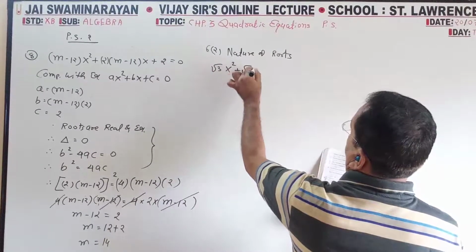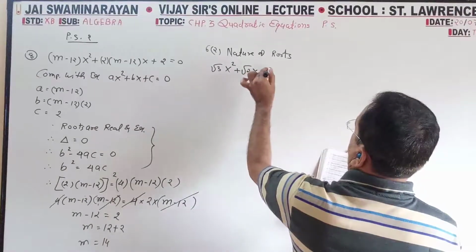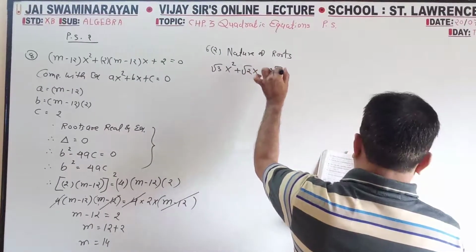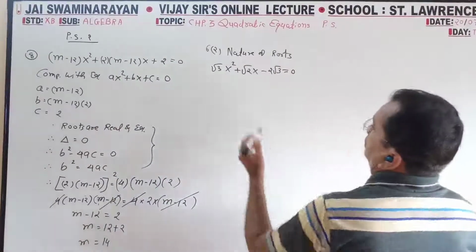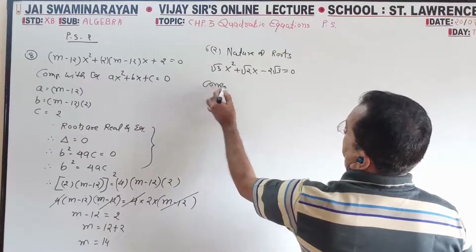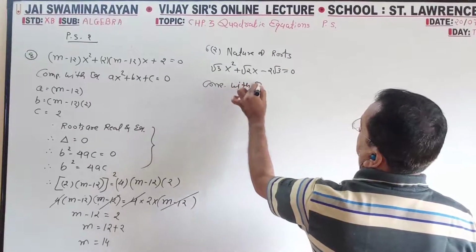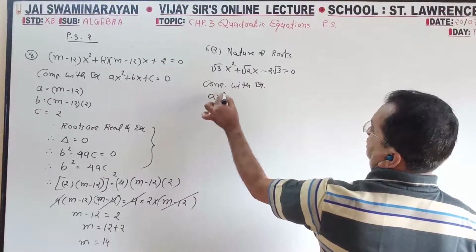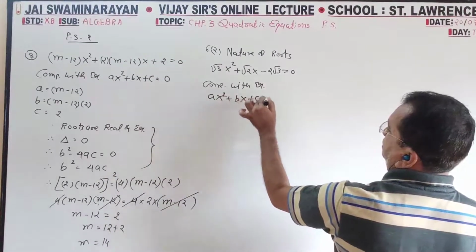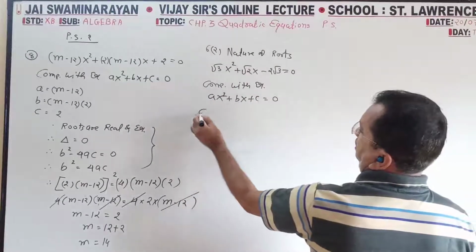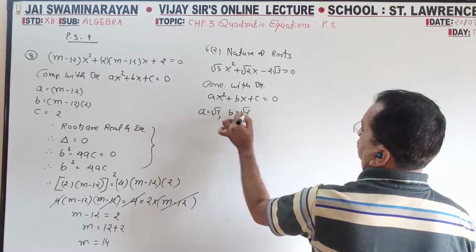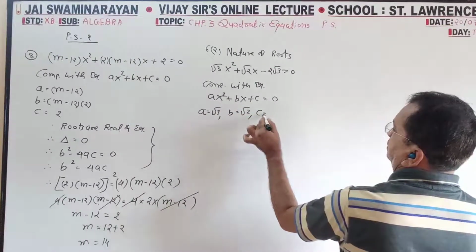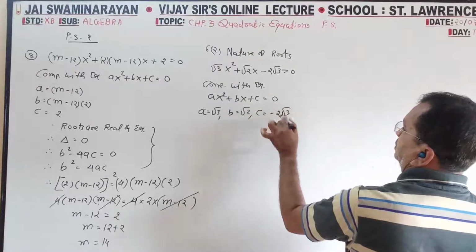This also they can ask as an MCQ. So compare with the equation ax square plus bx plus c is equal to 0. What is a? Only root 3. What is b? Only root 2. What is c? Minus 2 root 3.